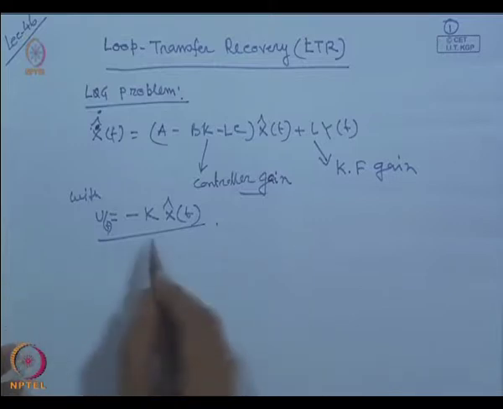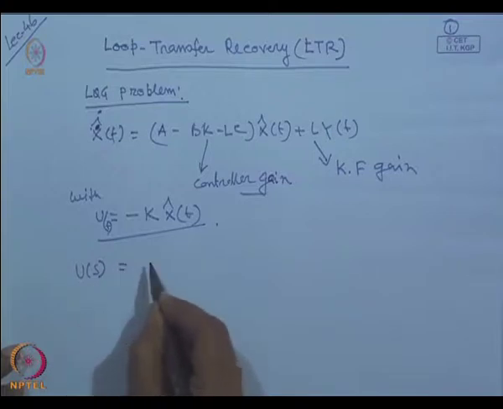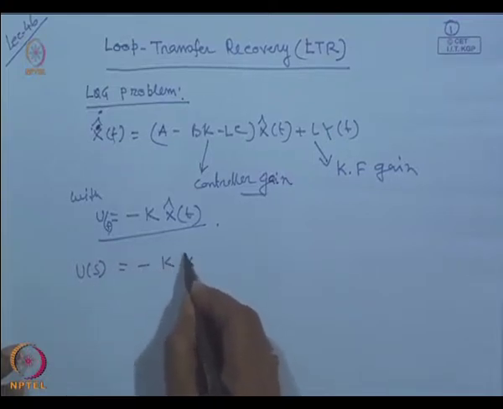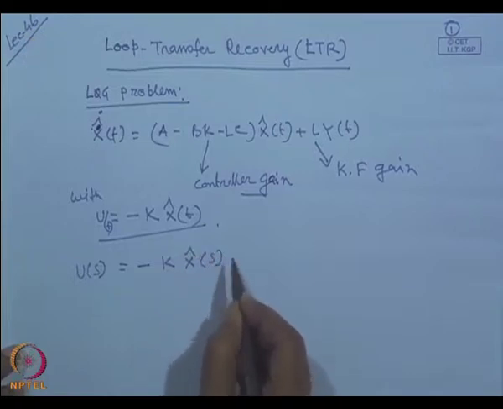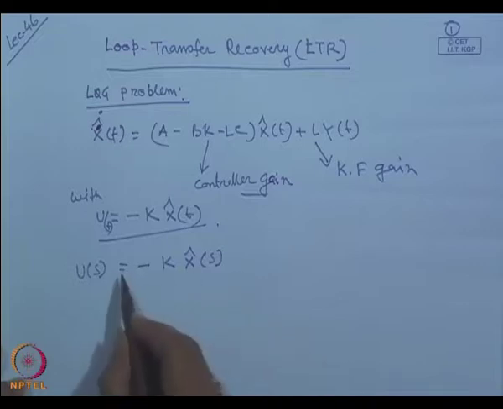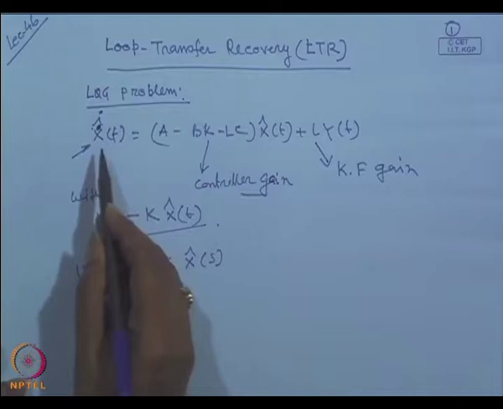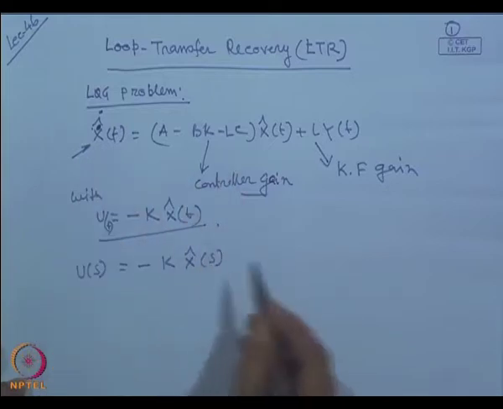Now, if you take the Laplace transform, u of s is equal to minus K x hat of s. Taking the Laplace transform of the estimated equation, we get s I x hat of s.